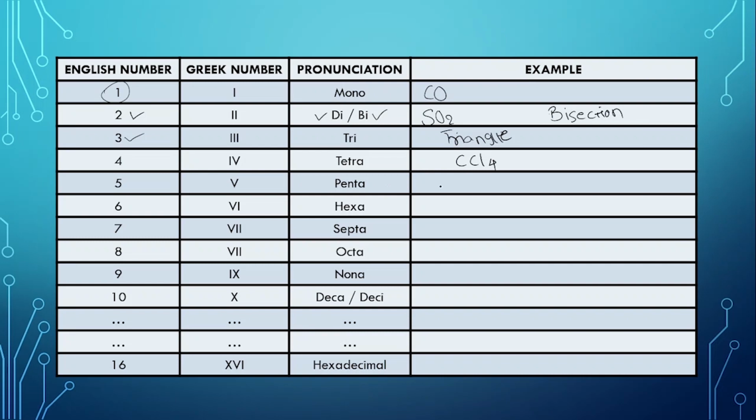Penta, so we can have pentagon. For 6 we have hexagon, so the shape which has 6 angles is known as hexagon. All these pronunciations are very commonly used in our life, but we might not have considered understanding the meaning of each and everything.